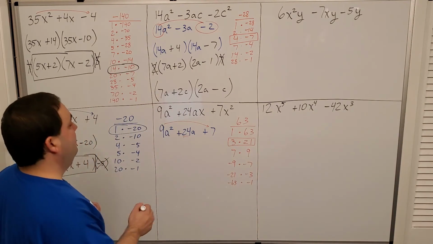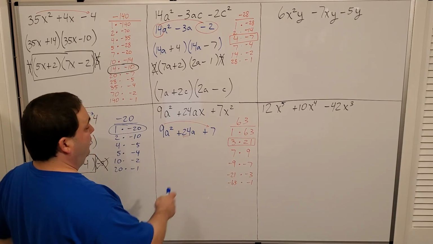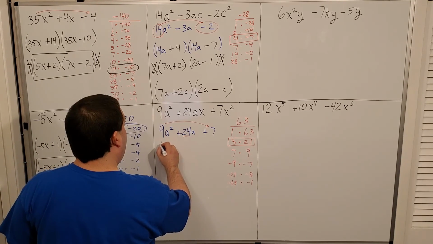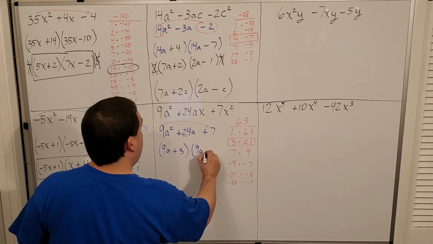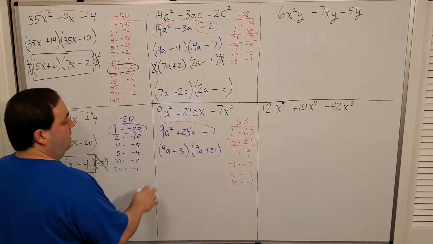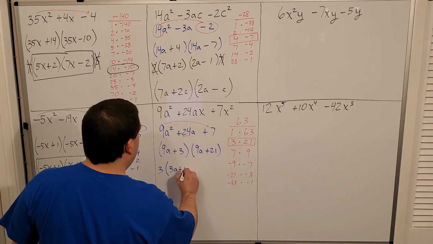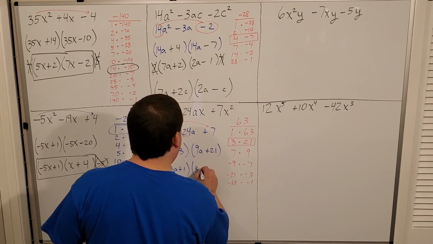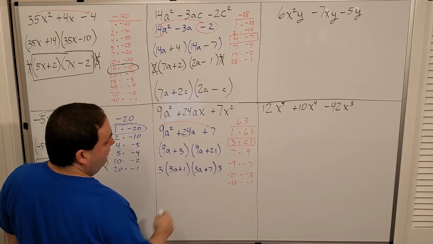Alrighty. So then I'm going to stick with blue while we're in the little alternate problem here. 9a plus 3 and 9a plus 21, right? Taking the 9 and writing it both places. 9 and 3 have a 3 in common, leaving me with 3a plus 1. 9 and 21 also both have a 3 in common, leaving me with 3a plus 7.